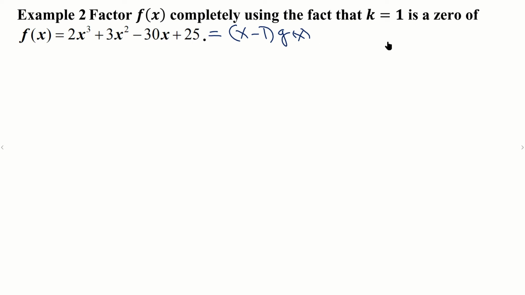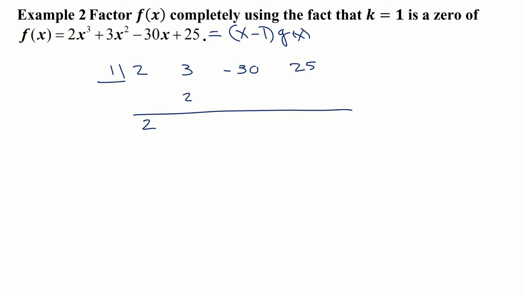So we go ahead and use 1 in our box over here for our synthetic division, and the coefficients are 2, 3, negative 30, and 25, right? So the 2 drops down, and then we get 1 times 2 is 2, 3 and 2 give us 5, 1 times 5 is 5, negative 30 and 5 is negative 25, and 1 times negative 25 is negative 25, and they of course add up to give us 0.